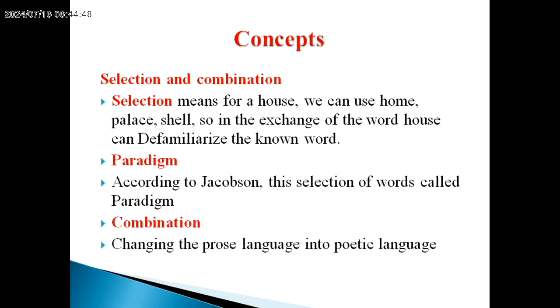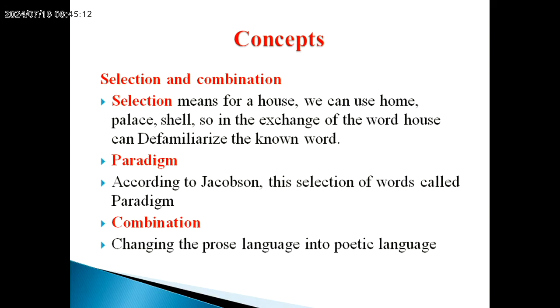The concept. Jakobson is famous for creating two concepts, selection and combination. Selection, what does he mean by the word selection? Selection means, for example, if we use the word house, we can go for some other words in the place of house. We can use home, we can use palace, we can use shell, and so on.